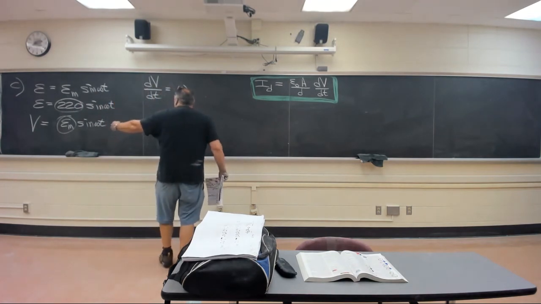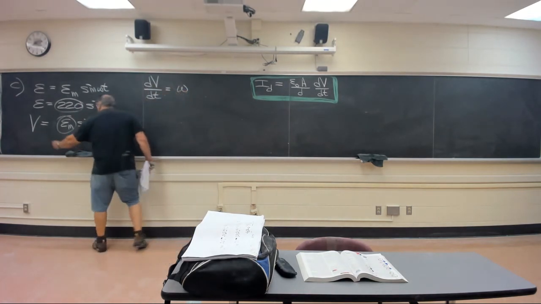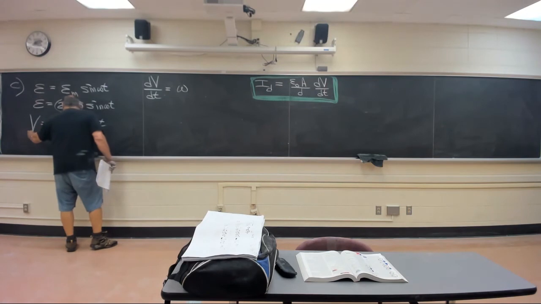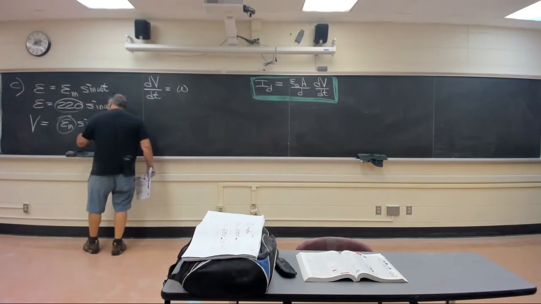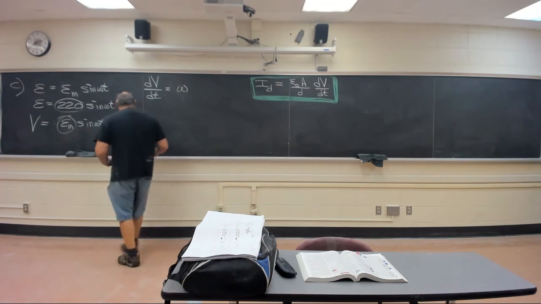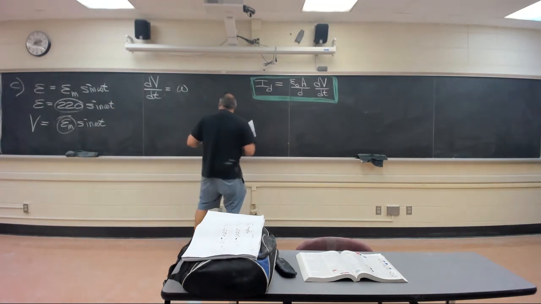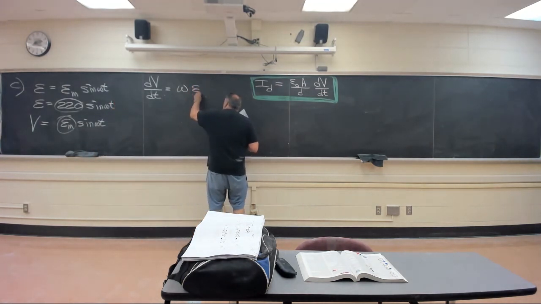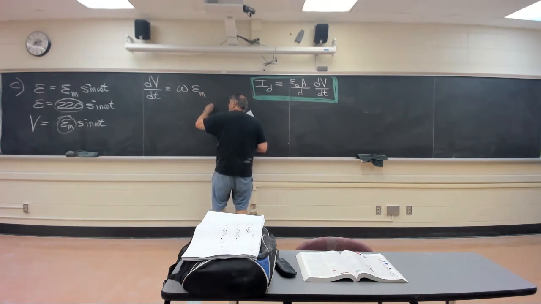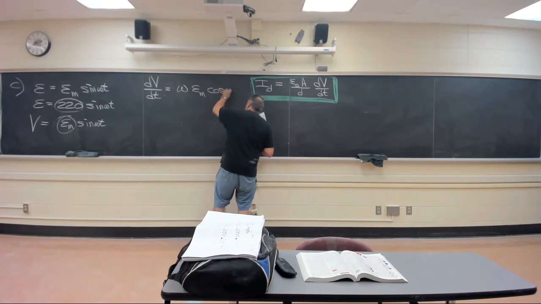We'll do the time derivative. Do the time derivative of the potential difference function, which is this. That's a constant. The derivative of sine is cosine. By the chain rule, omega comes out. And what you end up getting is omega E_m cosine omega t.